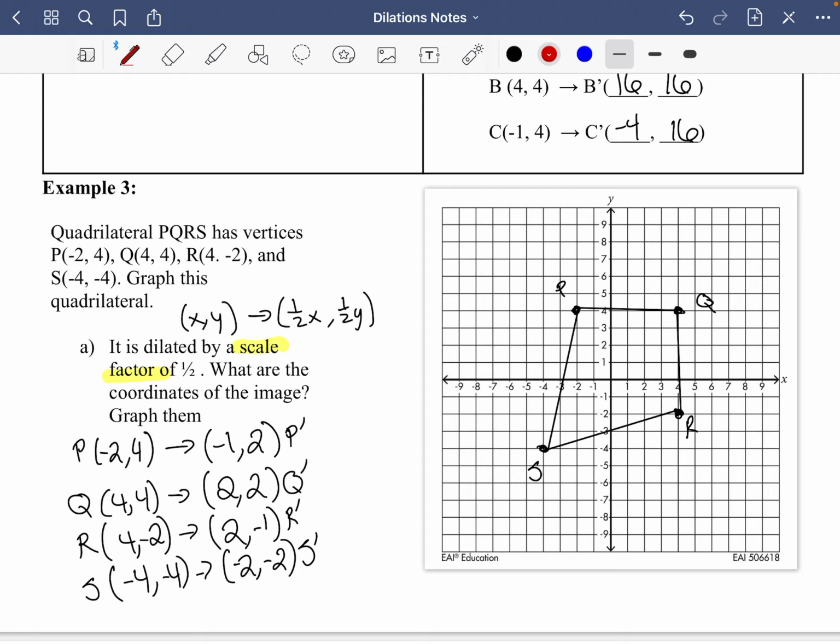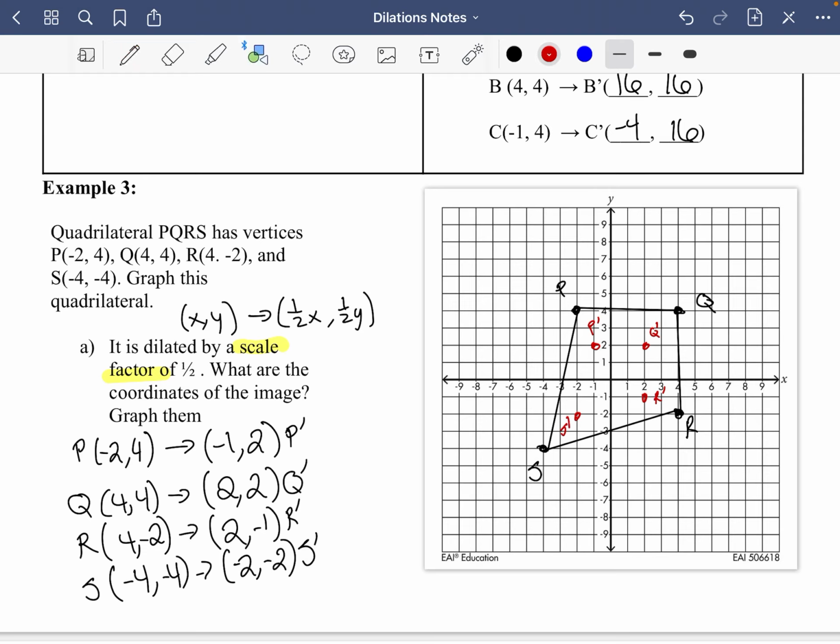So first point, P prime is at -1, 2. Q prime is at 2, 2. R prime is at 2, -1. And S prime is at -2, -2.